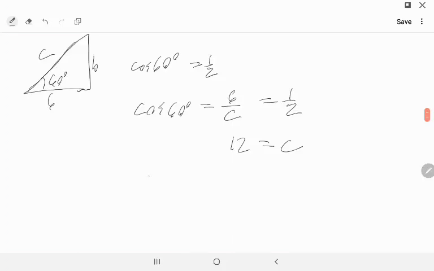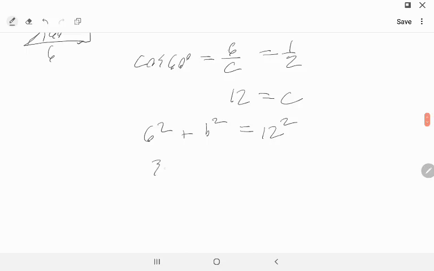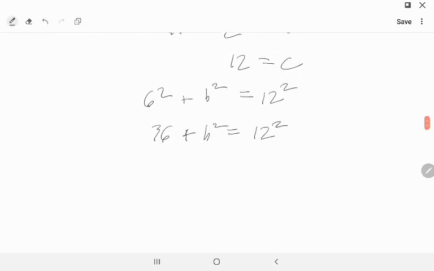We notice that 6 squared plus b squared has to be 12 squared, so 36 plus b squared has to be 12 squared, 144. And so we subtract 36.